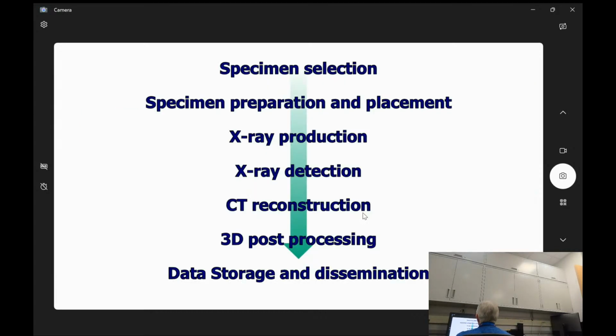When we talk about X-ray tomography, we first think about what specimen we want to use and what we want to learn from it.